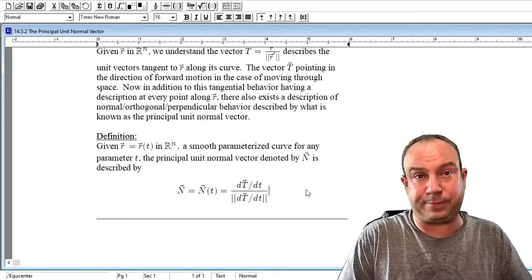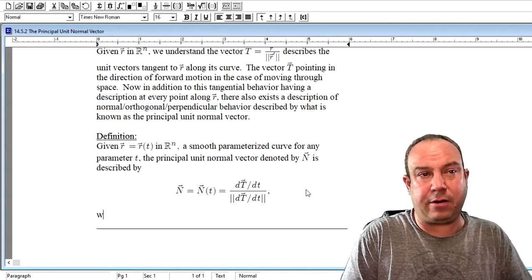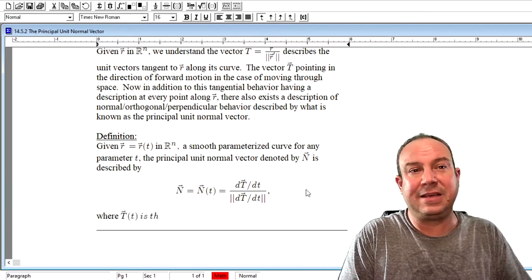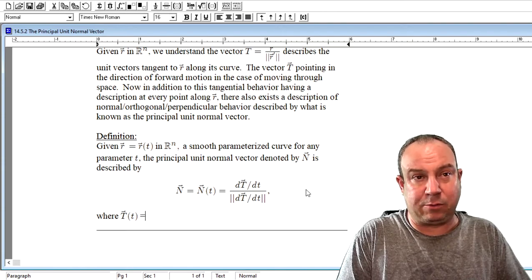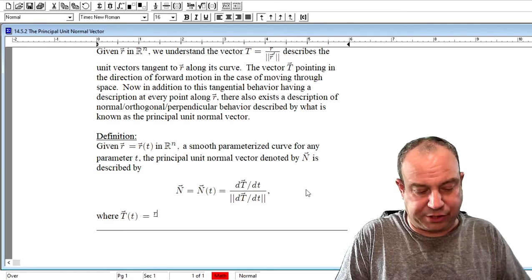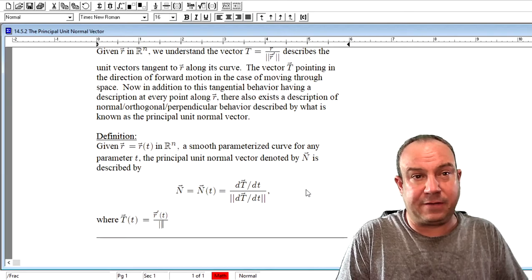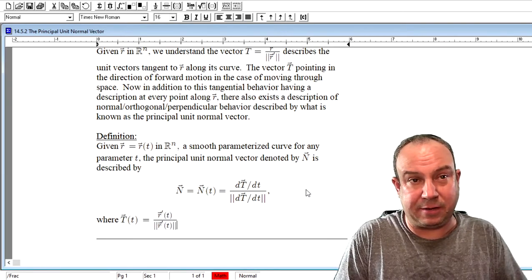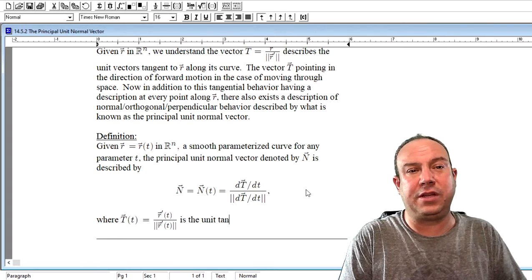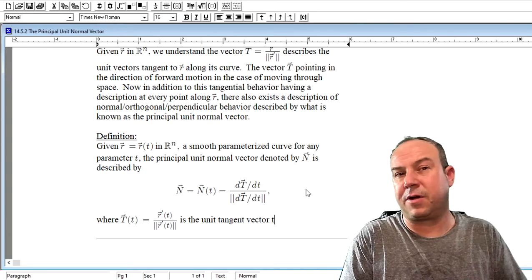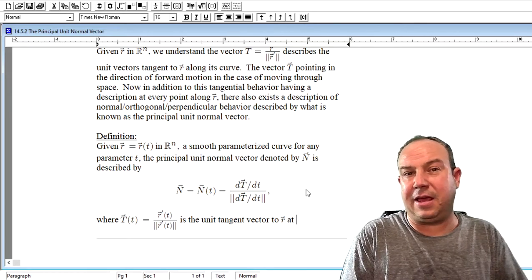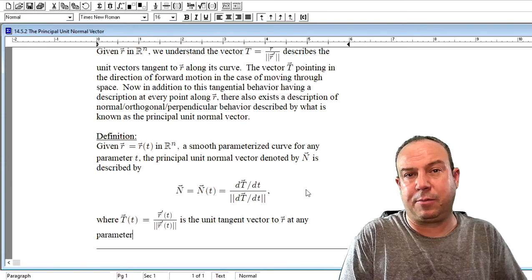This is where t bar of t, equal to the ratio given by r bar prime of t divided by the magnitude of r bar prime of t, is the unit tangent vector to r bar at any parameter t.